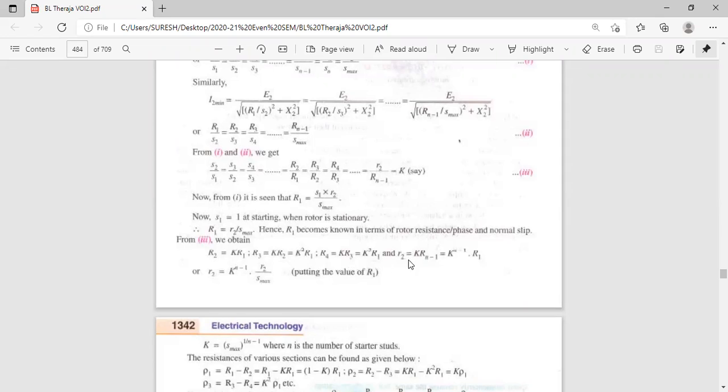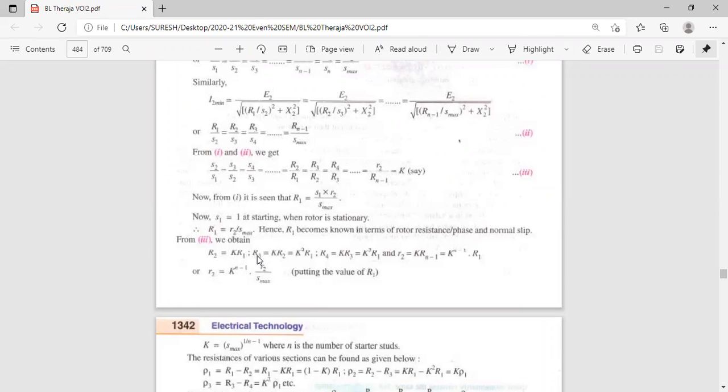R4 is K into R3. The last one is K into Rn minus 1. If you are taking 4, here n minus 1, 4 minus 1 is 3. Similarly, if you take the last step, it will be K power n minus 1 into R1. Write down this one. What I am doing, I am converting all the steps into R1.